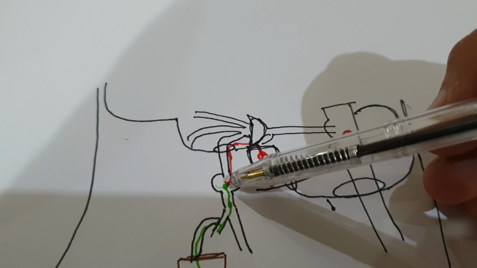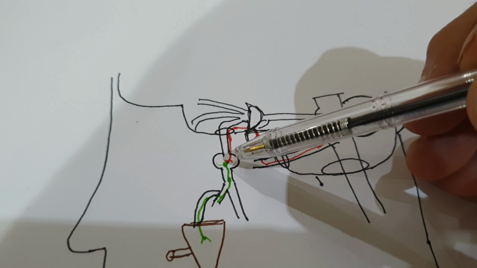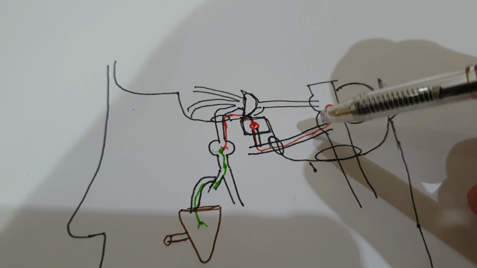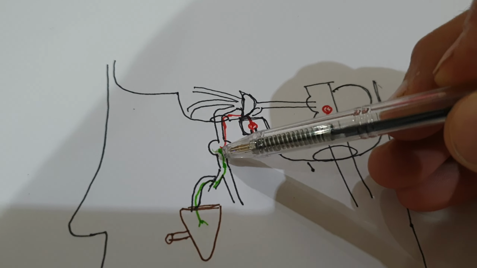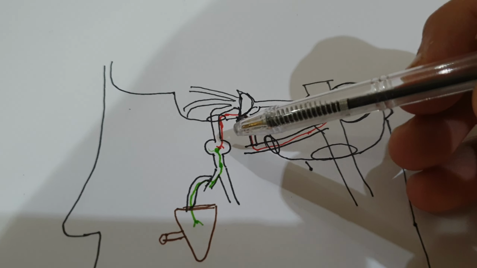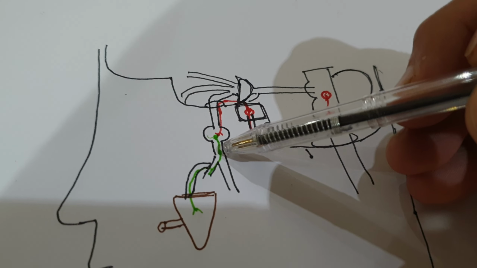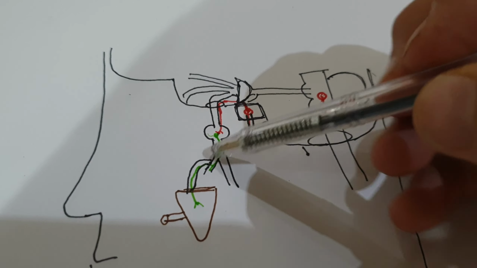They will enter the otic ganglion and synapse with the cell bodies which are located within the otic ganglion. These are the preganglionic fibers, the ones marked in red. Then the cell bodies in the ganglion give off axons which act as the postganglionic fibers because they are starting from the latter part of the ganglion.